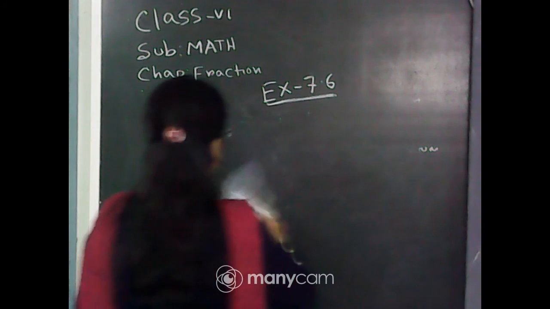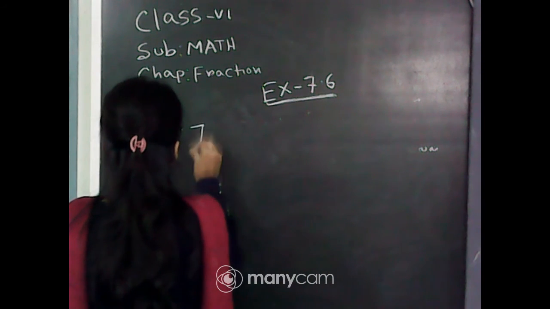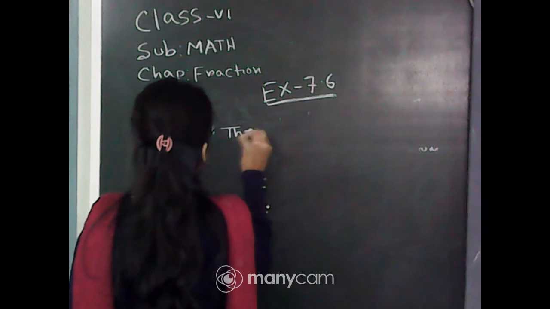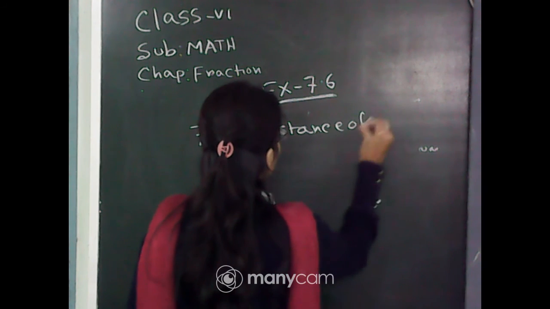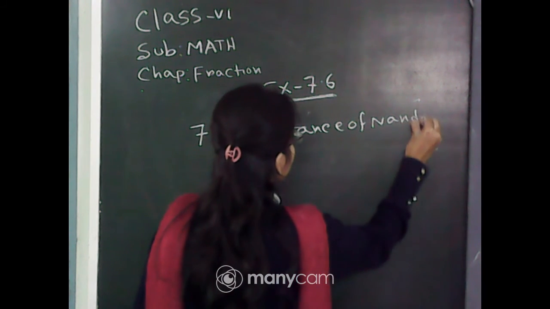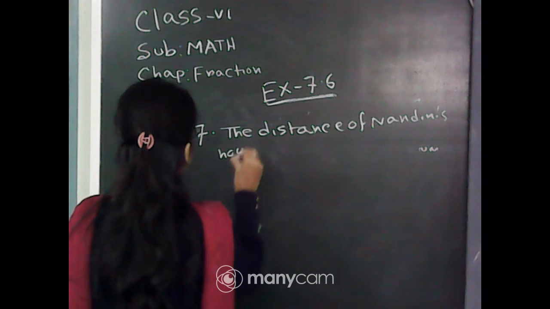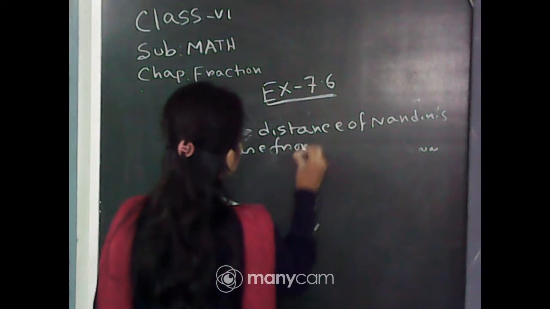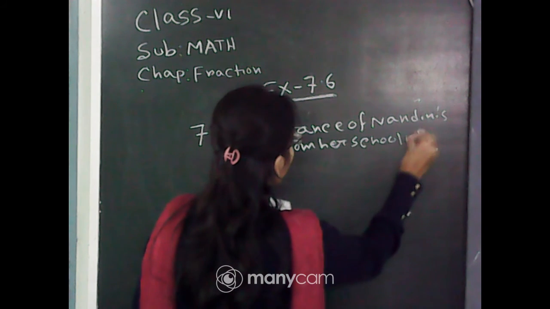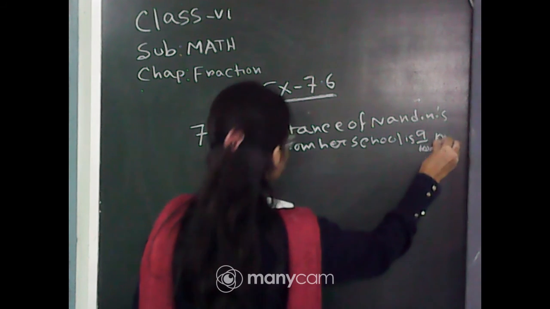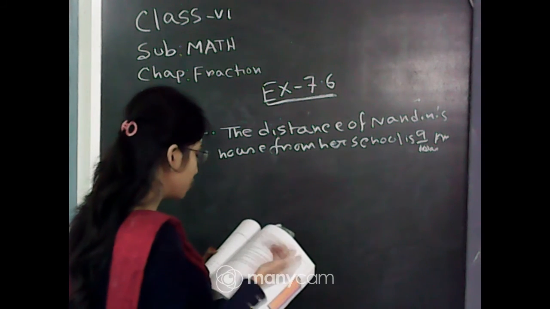Here it is given that the distance of Nandini's house from her school is 9/10 km, and she walked some distance and then took a bus for half km to reach the school.